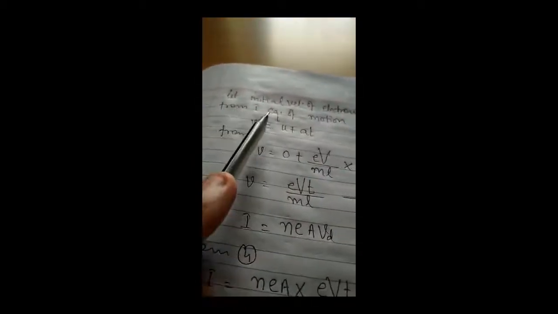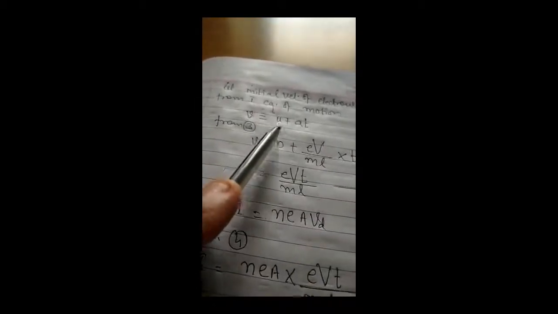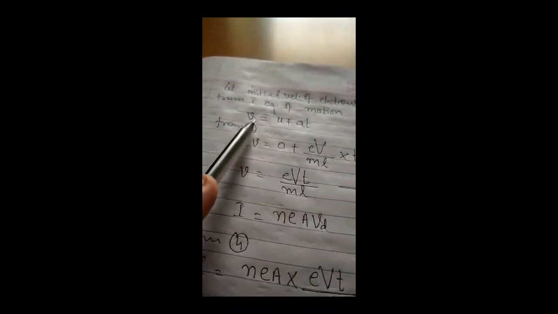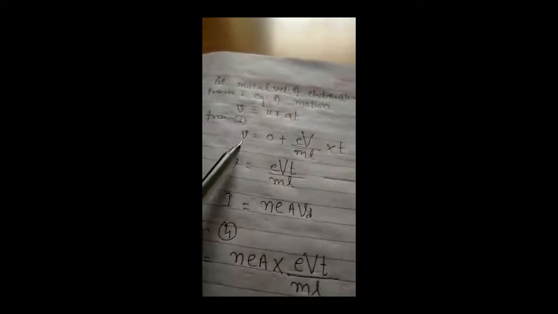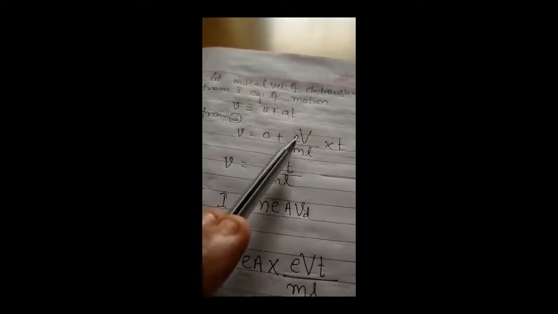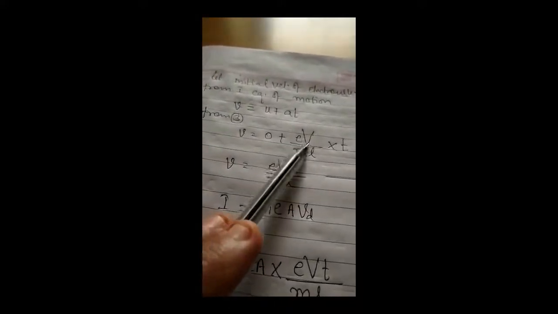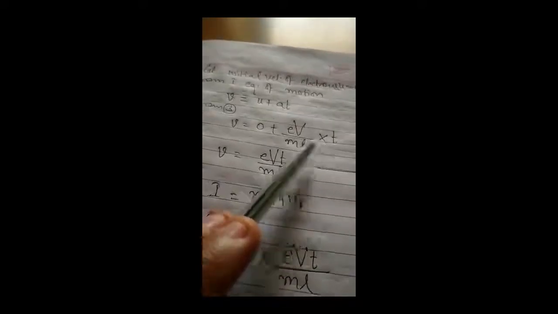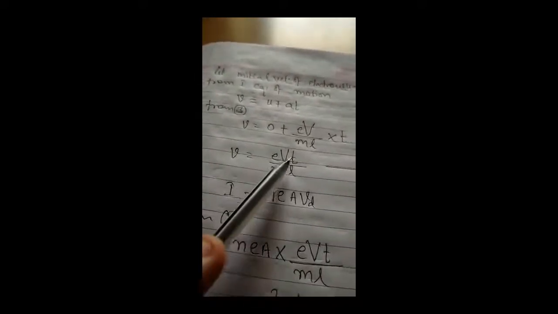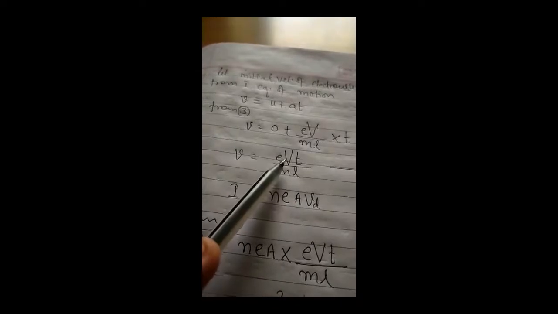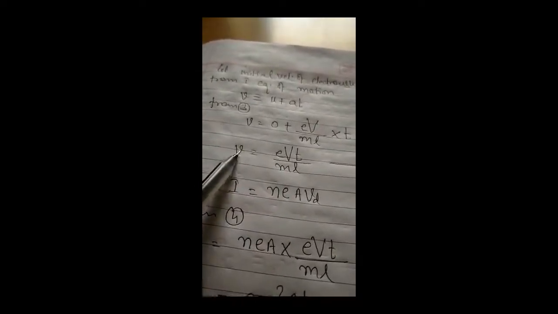So by the first equation of motion, v is equal to u plus at. Here v is the final velocity. So v is equal to 0 plus, in place of a we can write eV upon mL into t. So therefore v is equal to eVt upon mL. Remember, this capital V is potential and this small v is final velocity.